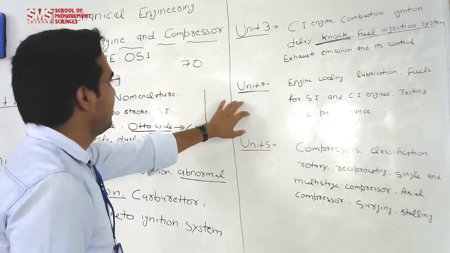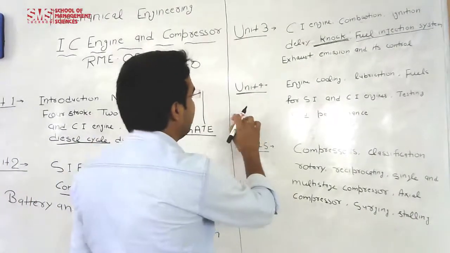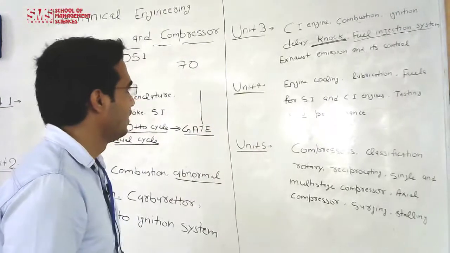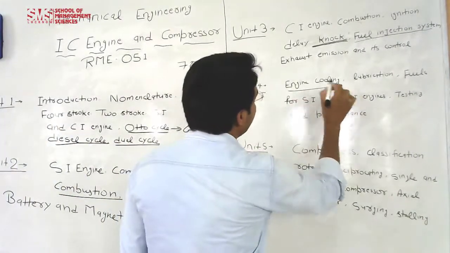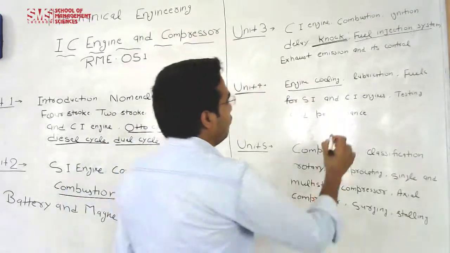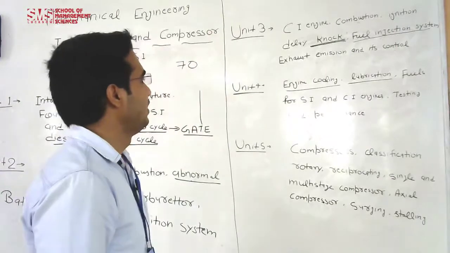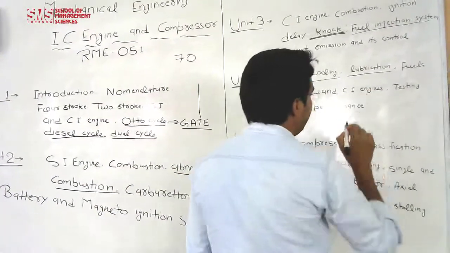In my class I will take this topic in the last, but here I am discussing what you will study in unit number 4. Here you will study the engine cooling system, the lubrication system, how you will lubricate your engine, and different fuels for SI and CI engine.